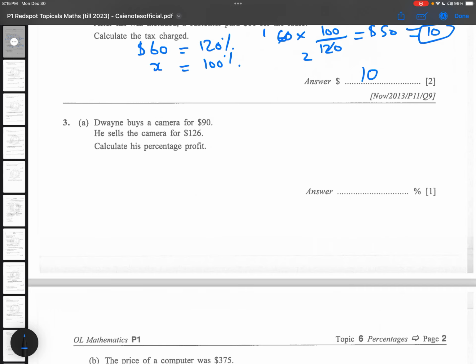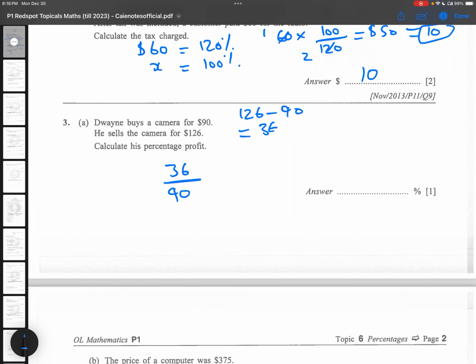So before doing this, I need to know how much is the profit exactly. And the profit is, if we subtract 90 from 126, that will be equal to 36. 36 is the profit. And from which price the profit has come? It has come from $90.